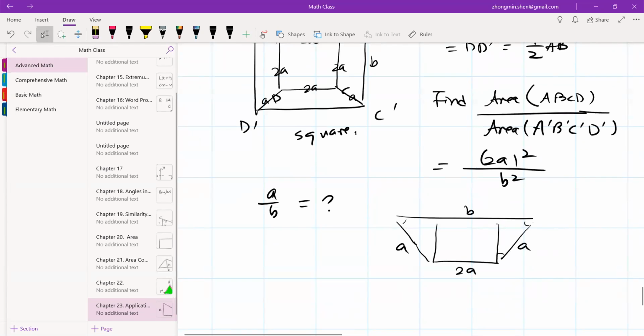Okay, it's 45 degrees. Clearly, it's 45 degrees. This is what we figured out, right? Easily.